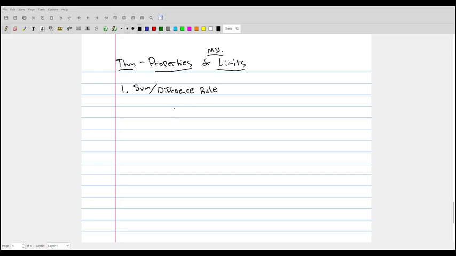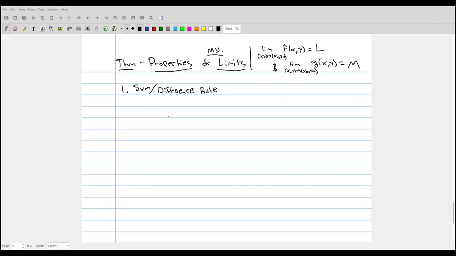And this just states that if 2 limits exist, so we're going to assume for all of these properties that, say, the limit as (x,y) goes to the point (x0,y0) of f(x,y) is equal to L, say, and we're going to assume that the limit as (x,y) goes to (x0,y0) of some function g(x,y) is equal to some other value, we'll say m.